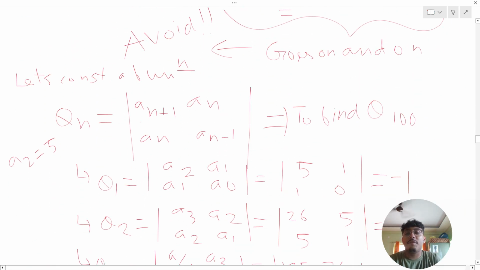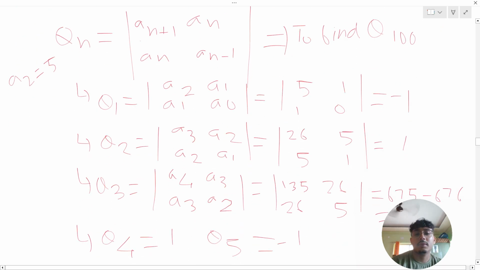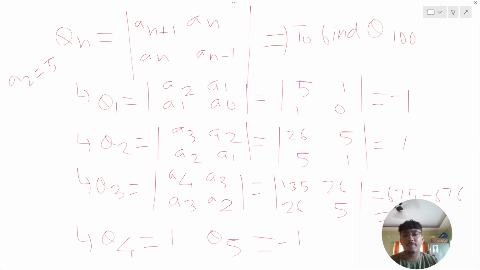So basically, the question comes down to finding the value of theta 100. Now I have calculated the values of A2, A3 and A4, with A0 and A1 given.